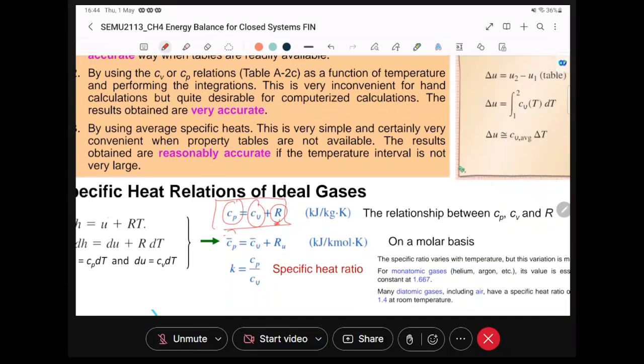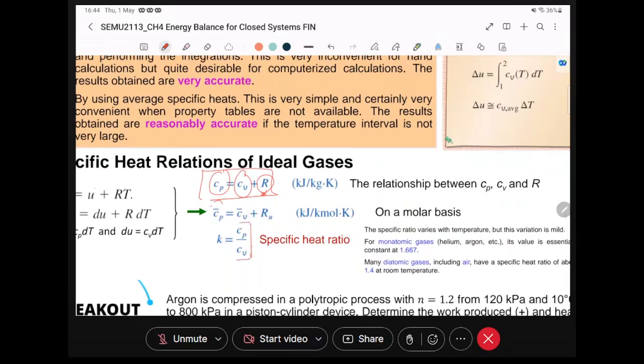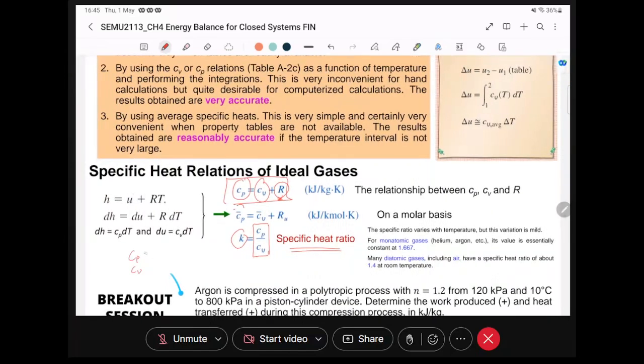And the ratio between Cp and Cv, that's what we call the specific heat ratio. Usually the values of Cp and Cv will change slightly with temperature, even for ideal gas. For pure substance, it definitely will not be the same at different temperatures.